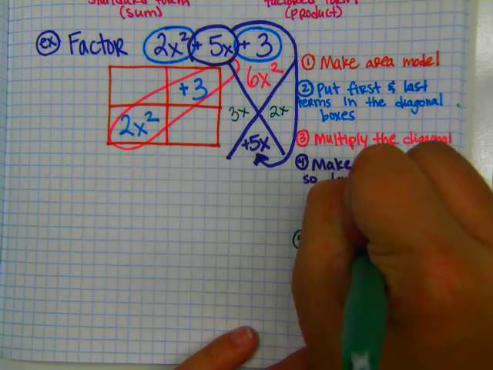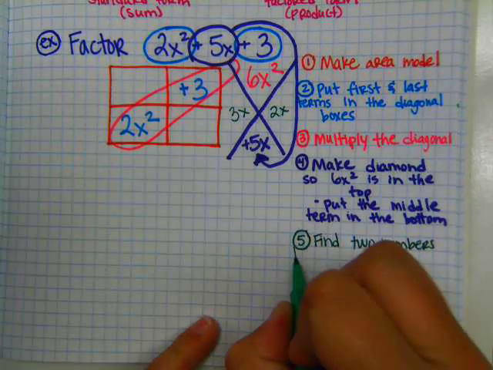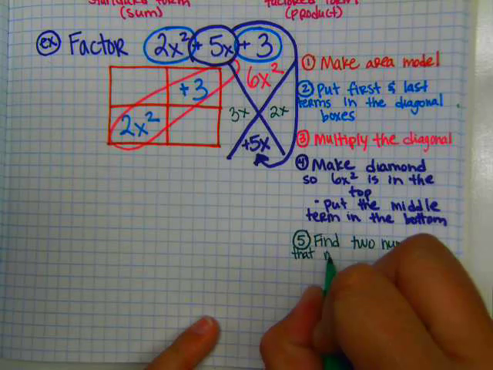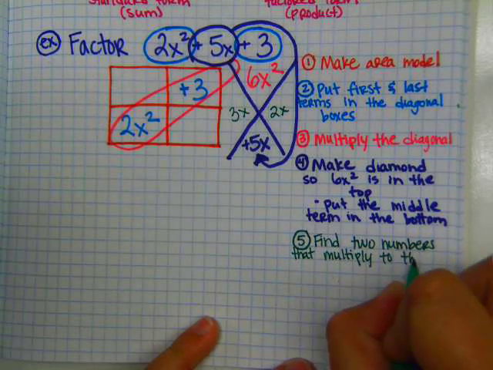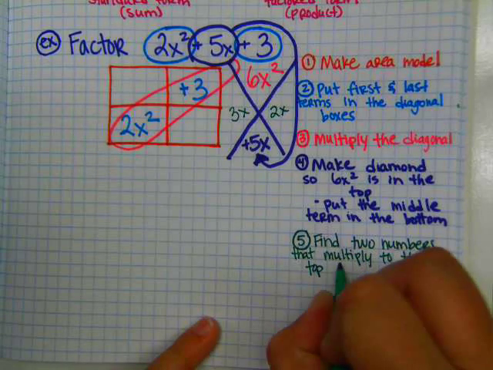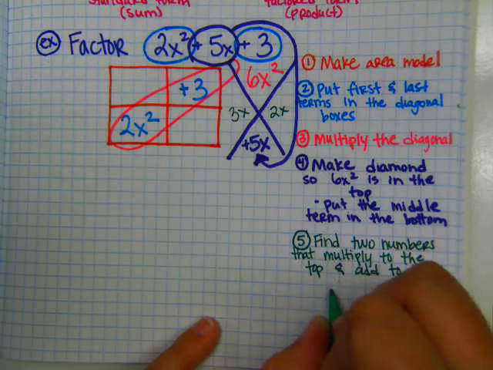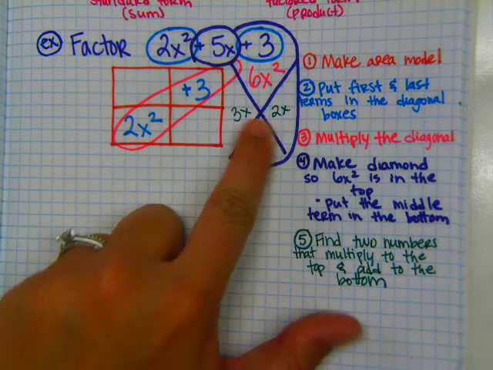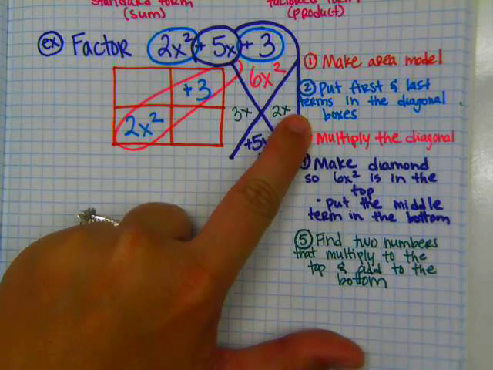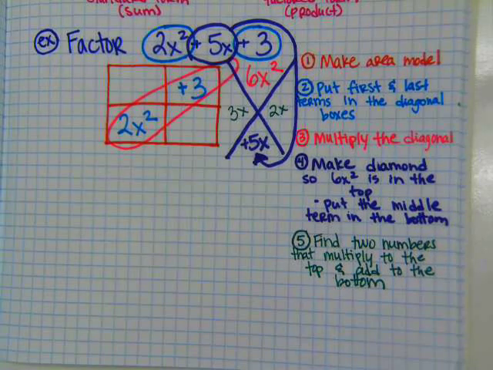Find two numbers that multiply to the top and add to the bottom. Okay, and again, that's going to be 3x and 2x, because 3x times 2x is 6x squared. 3x plus 2x gives me that 5x.